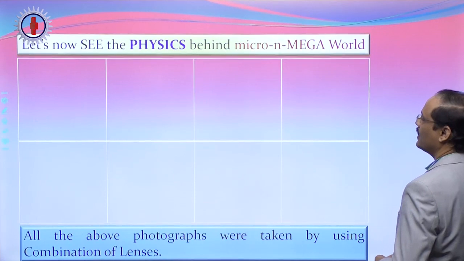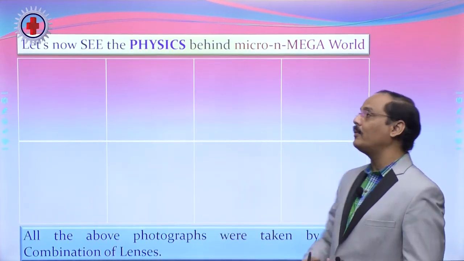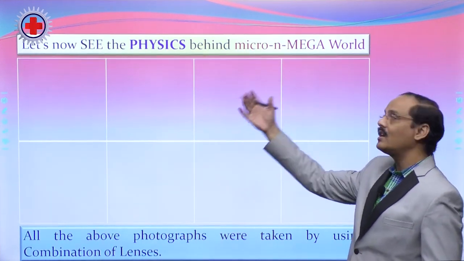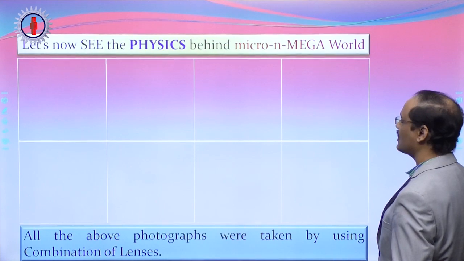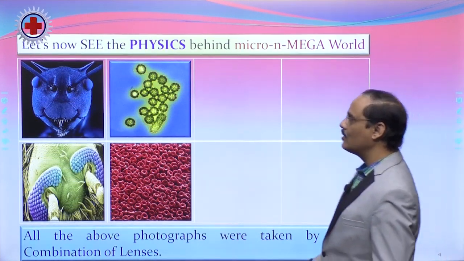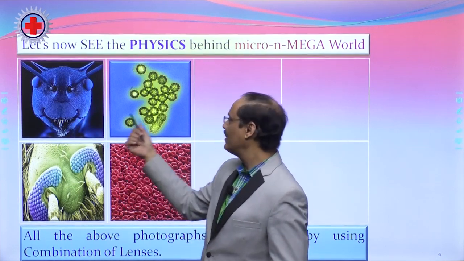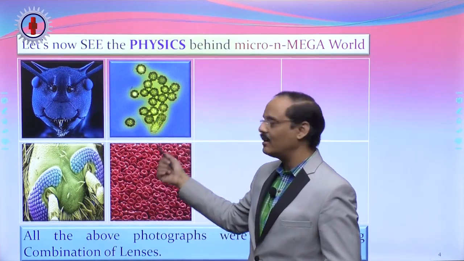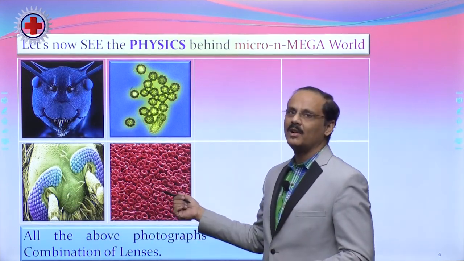So let us see some pictures. We need to see how we could get beautiful pictures of the micro world as well as the mega world. We could see beautiful pictures of both sides of the world. So you could see an alien-like face of an ant, image of bacteria, face of a mosquito, our red blood cells.